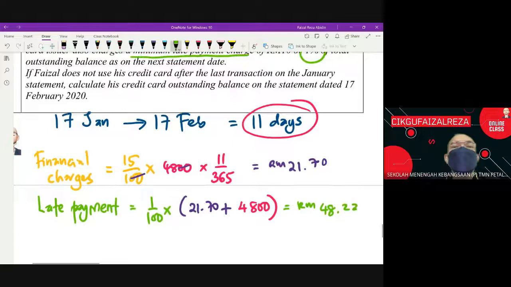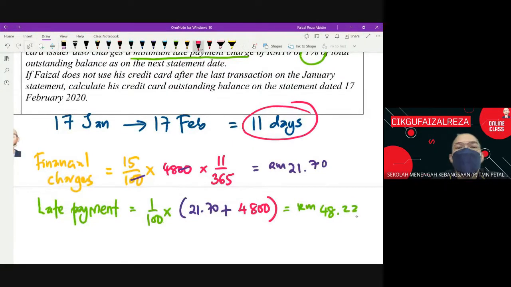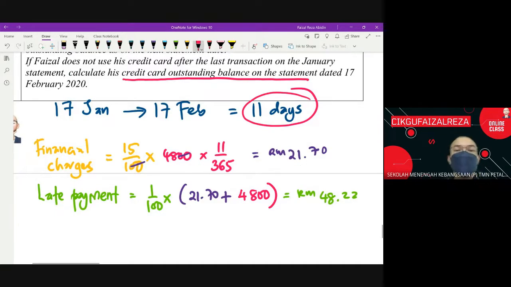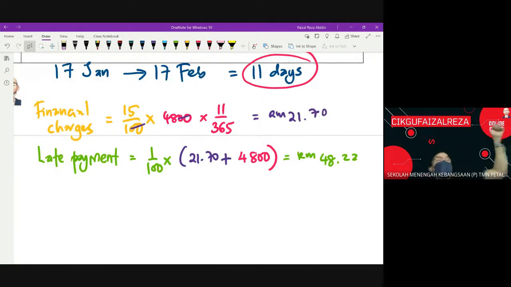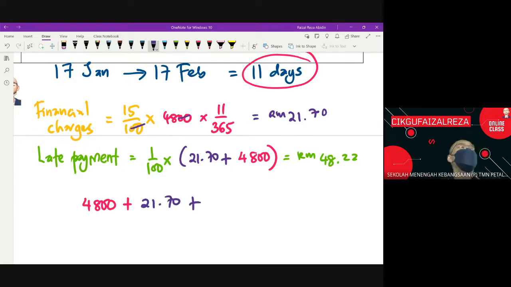Now, how much do we need to pay? Calculate his credit card outstanding balance on 17 February. The outstanding balance in January is 4,800 plus the financial charge of 21 ringgit and 70 cent plus the late payment charge of 48 ringgit and 22 cents. The total is 4,870 ringgit and 92 cents.